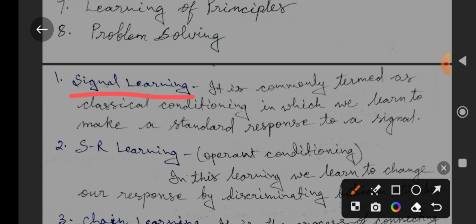So this one is signal learning. By a signal we come to know a particular message. So it is commonly termed classical conditioning, in which we learn to make a standard response to a signal.